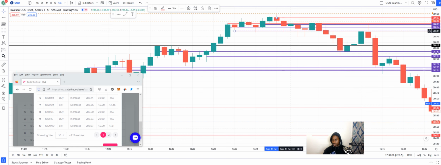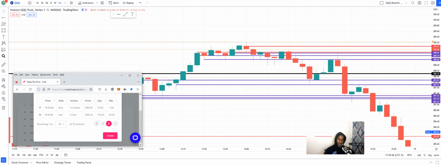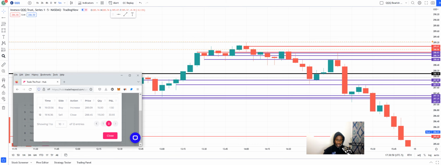So I sold here. So basically for the day I was close to the top. Like I got the top candle literally, but just the other positions might have thrown me off. But that was a $40 profit. And then I bought again at 28909. So I actually bought the top.